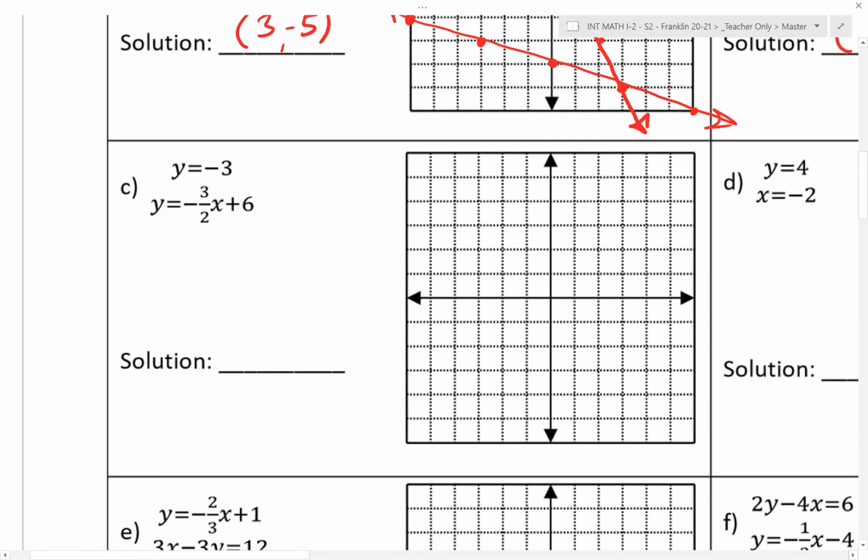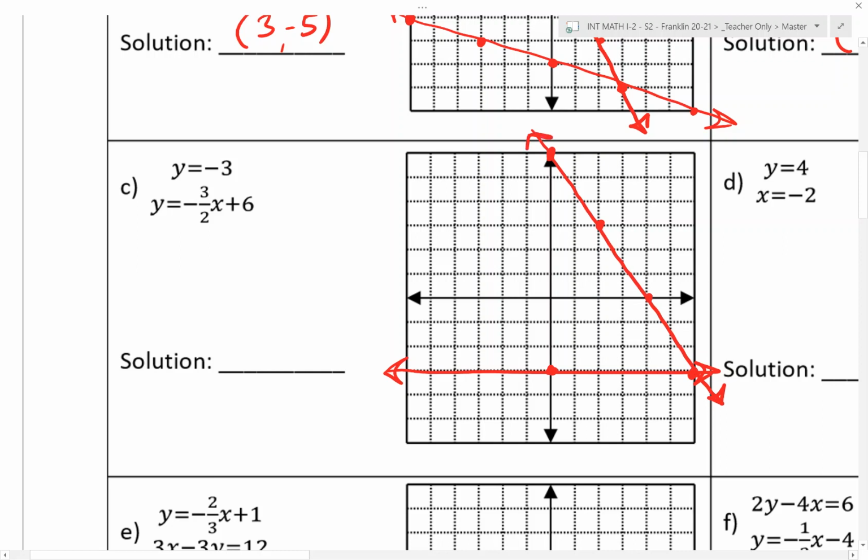All right, y equals negative 3 for part C, and y equals negative 3 over 2x plus 6. Remember, y equals negative 3 has a slope of 0. So we go to negative 3 here, and then the line is just horizontal. And then y equals negative 3 over 2x plus 6. We start at 6. We're going to go down 3 over 2 to right there.